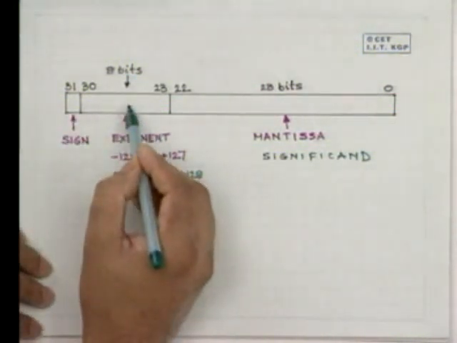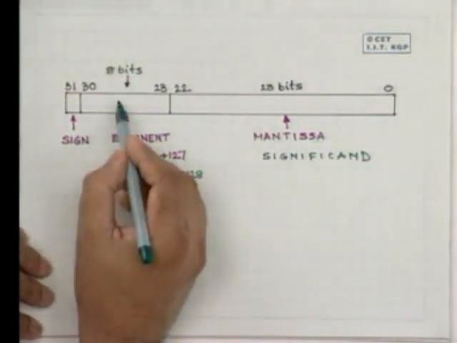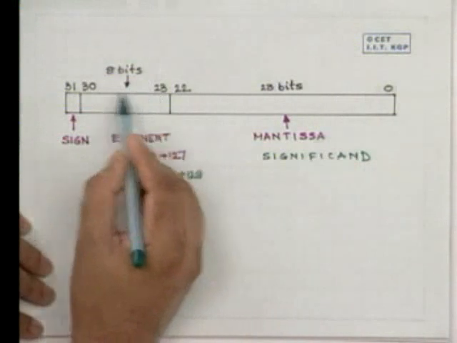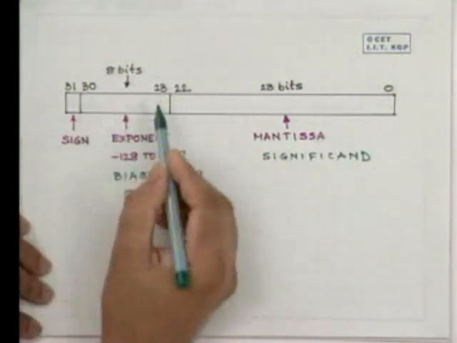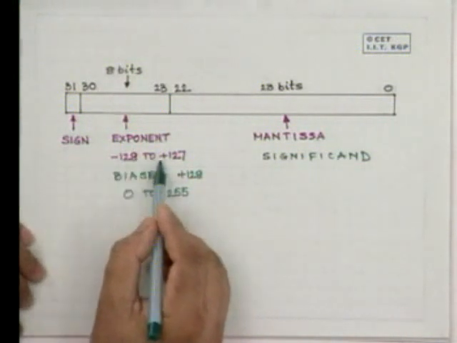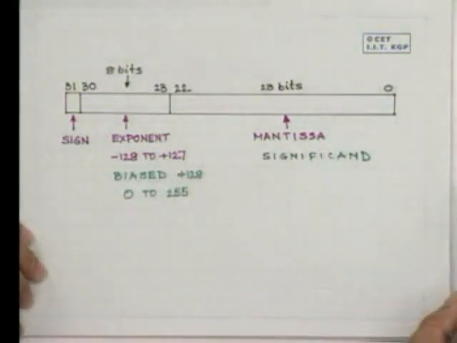Whenever we say exponent, basically we mean that whatever we are representing, here it is 2 to the power that. Now, with 8 bits, we can represent numbers from minus 128 to plus 127.